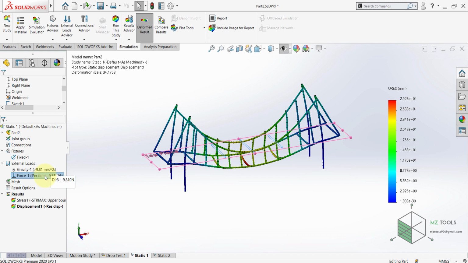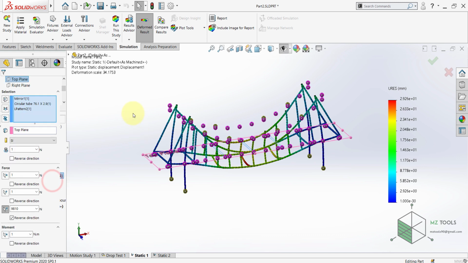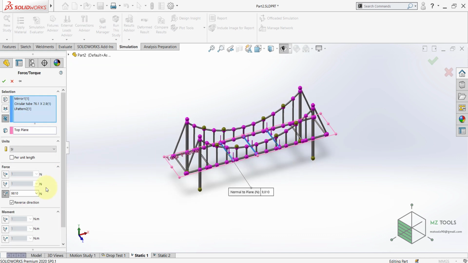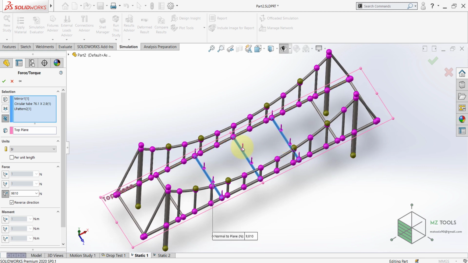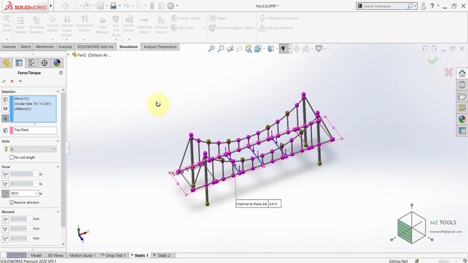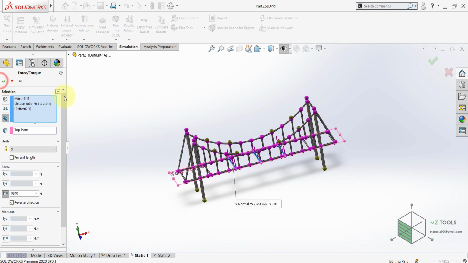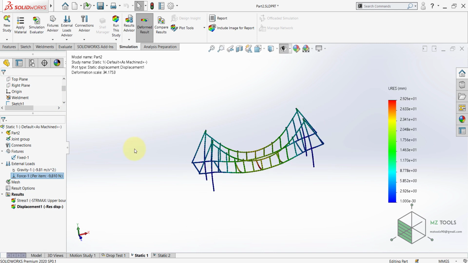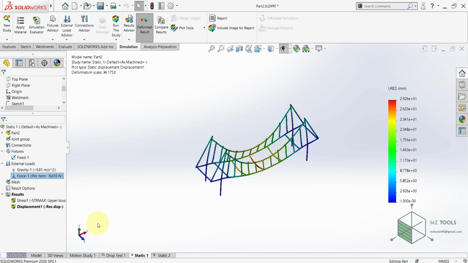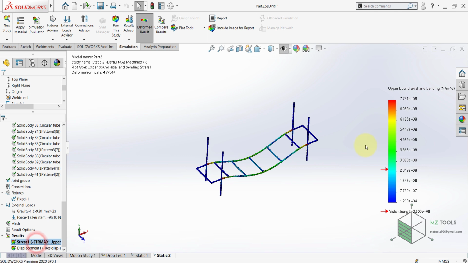For the load, it's the same load, and here you can see we have these three members loaded, and each one is loaded with 1000 kilogram force. So this is the difference that these cables make, and notice how the maximum stress we have here is 1.9, and on the other case is 7.7.